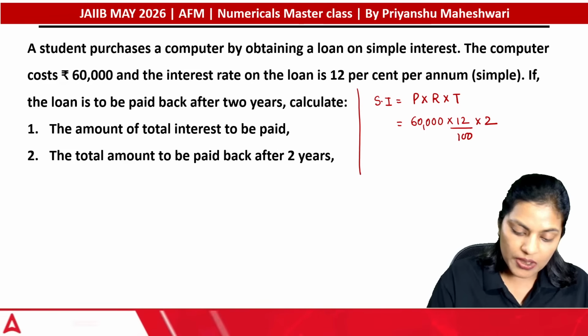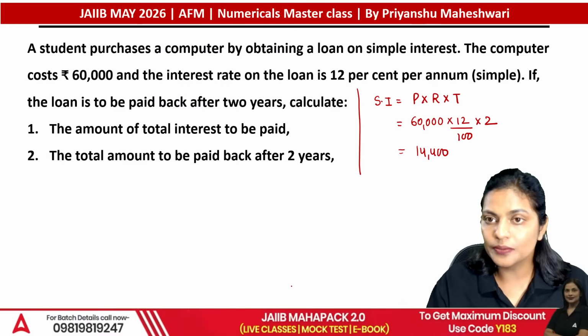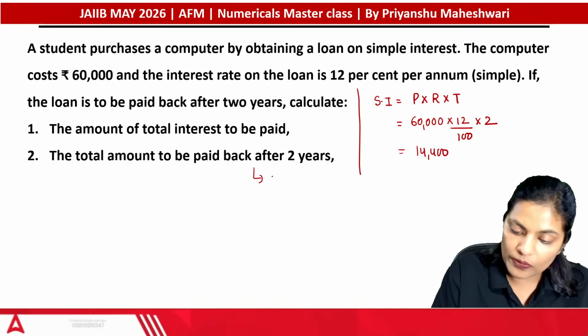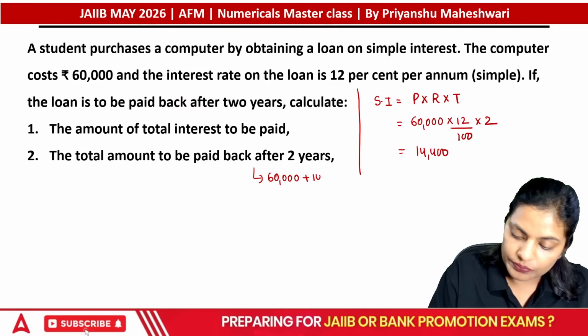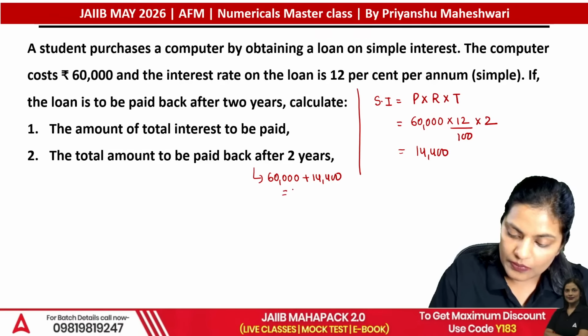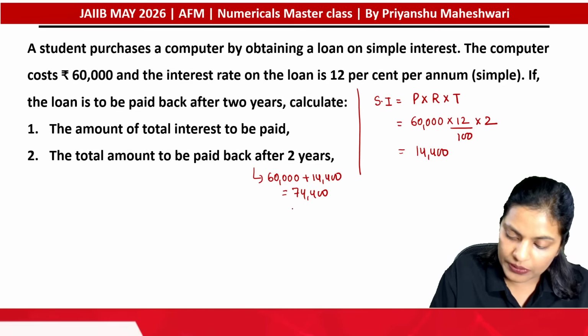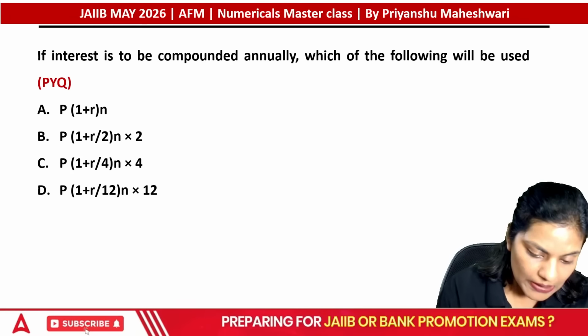So, 60,000 into 12% into 2. 14,400, correct? And the amount will be, in case of simple interest, the amount is what? 74,400, right? Take rest after the numerical session and be ready for the marathon in the evening.